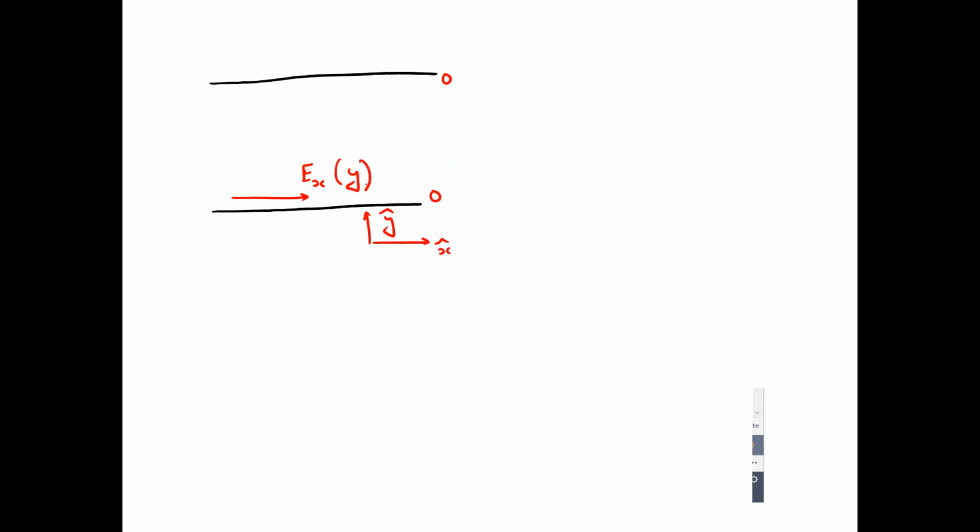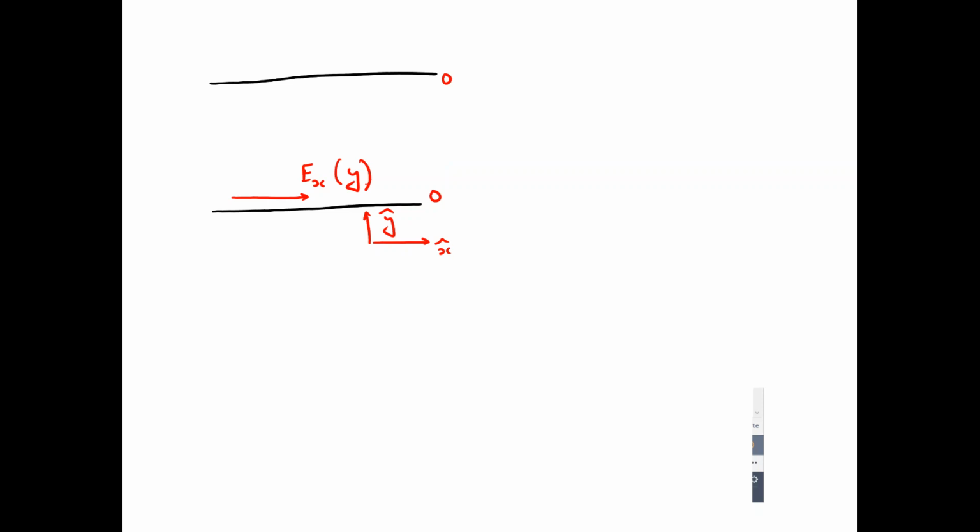So if I have this parallel plate waveguide, again we had said this direction was x, this direction was y. I have a field which is pointing in x, and because this field has to be zero here and zero here, this will have a variation in y.